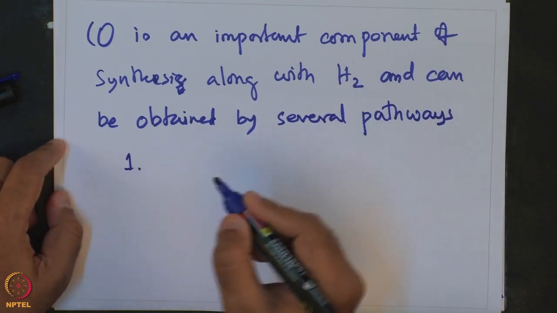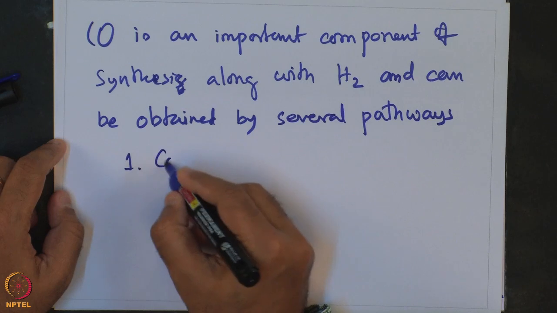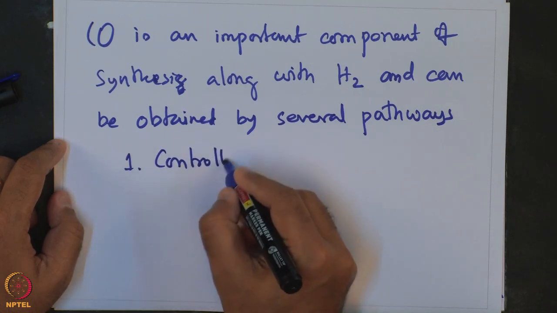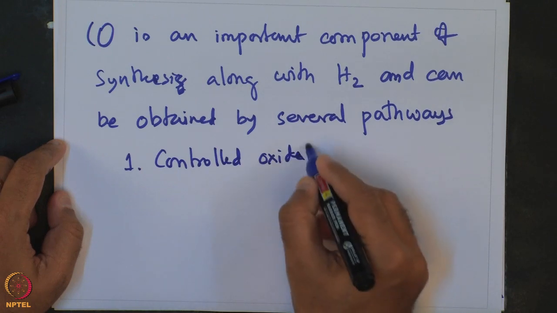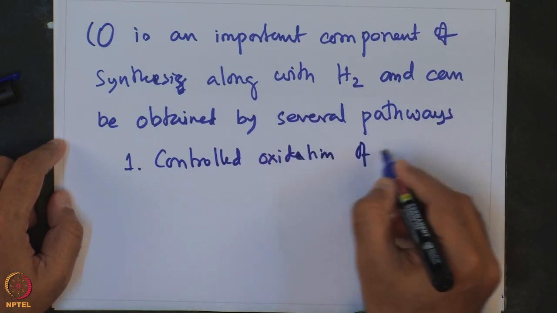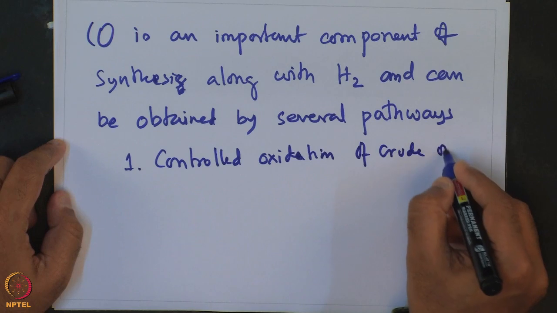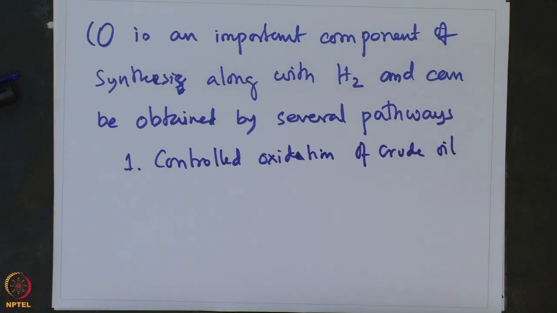One, the controlled oxidation of crude oil. So, when crude oil contains several mixtures, in the controlled oxidation of the crude hydrocarbons, CO and hydrogen, the synth gas, is obtained.